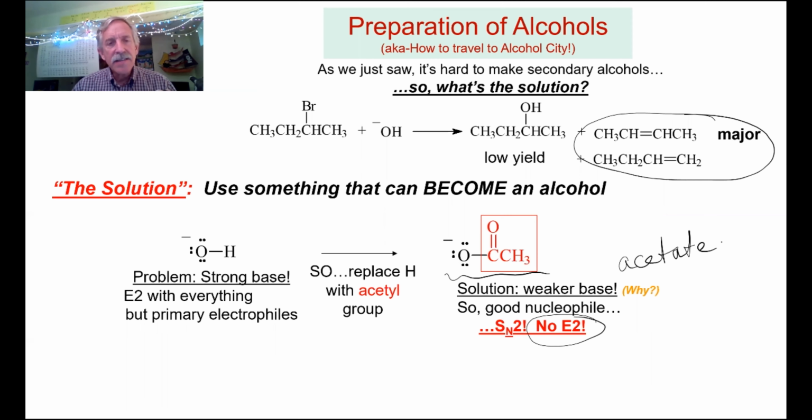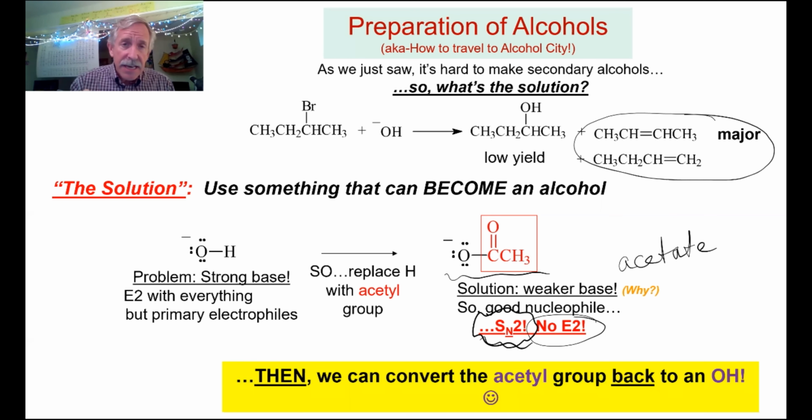And this acetate ion looks a lot like the O minus, but is not as strong a base. So it will add only in a nucleophilic fashion and only add to our alkyl halides in an SN2 fashion. And we've seen this before. This is how we make our esters. So that's what we'll try to do.